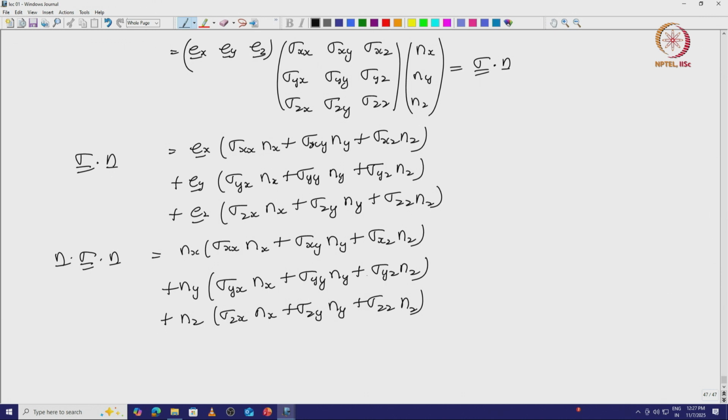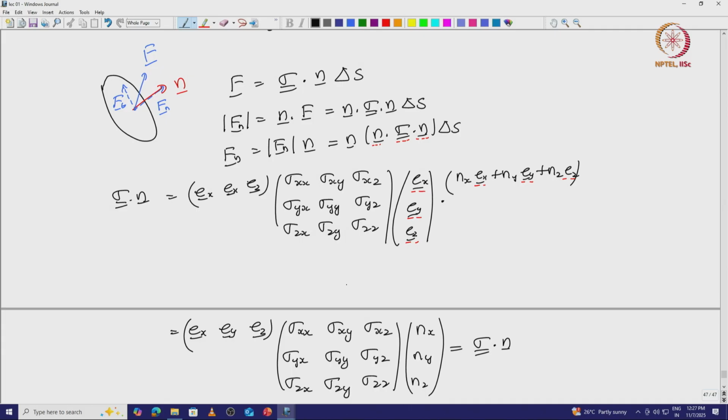This is now a scalar, and that multiplied by n gives you the vector.